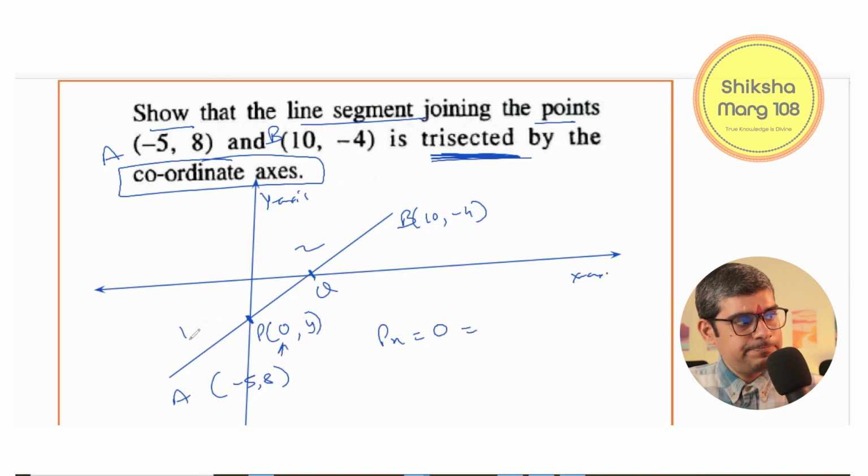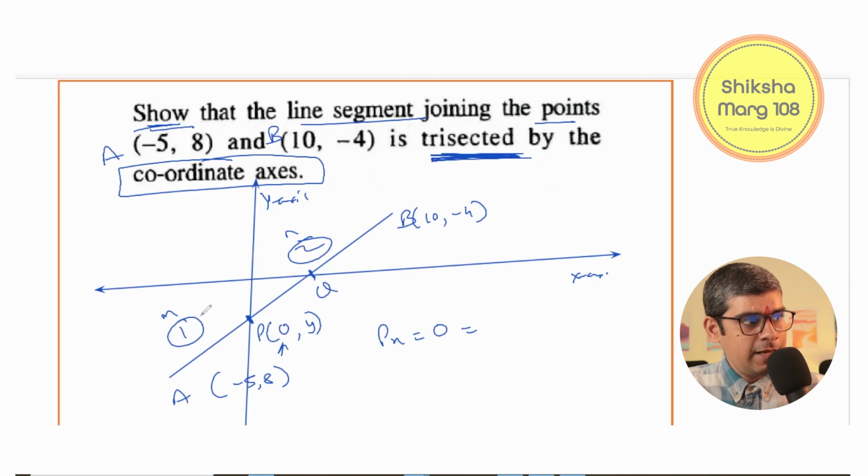And for us, we don't know the ratio, so let's call that m and n. This should come as 1:2. This is not known, guys. We are supposed to be getting this answer. They're asking us to show that the line segment joining the points A and B is trisected. So this ratio is supposed to come out, but we do not know this. We're supposed to be showing m is 1 and n is 2. I hope that makes sense.